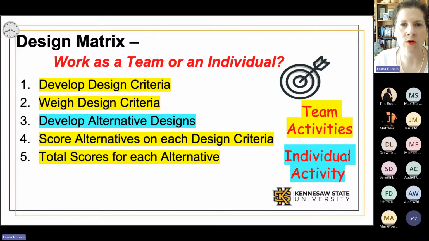That is not working on a team. Working on a team means that you are give and take. You're saying why you think something's important. Another person is talking about why something else is more important. You debate it. You come to a consensus as a team. It is not just averaging what everybody thinks.